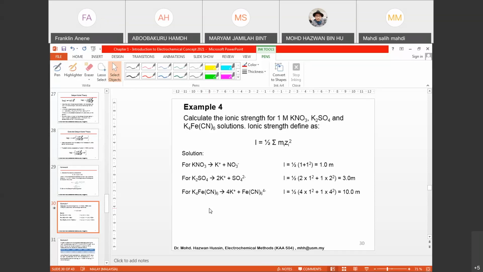Then plus 1 multiplied by 4 squared. So 4 squared is equal to 16. 16 plus 4, you get 20. 20 multiplied by half, you get 10. Is it okay to everyone for the ionic strength?